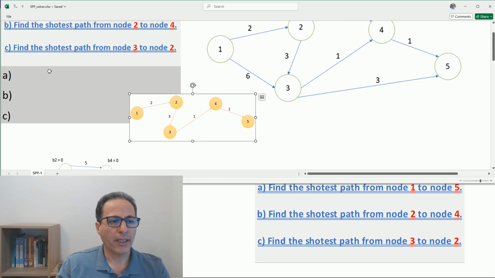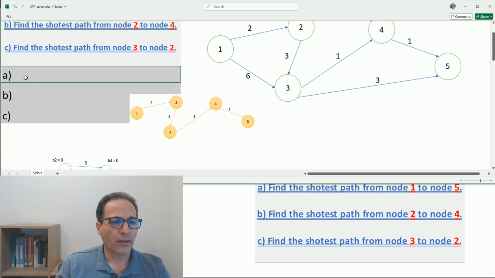In part A, I say that I should start from... however, we could start from the first part of the matrix. In the first row, we had a 1. It says that we are moving from 1 to 2, like this.